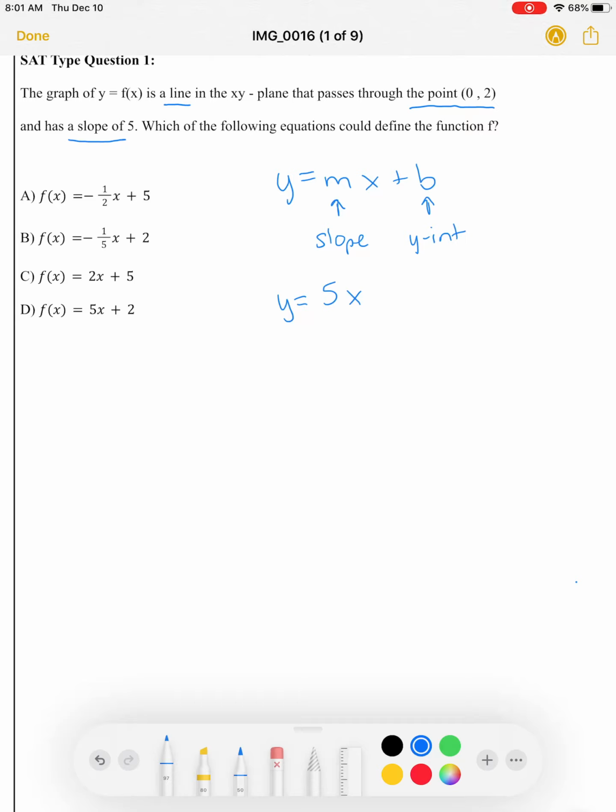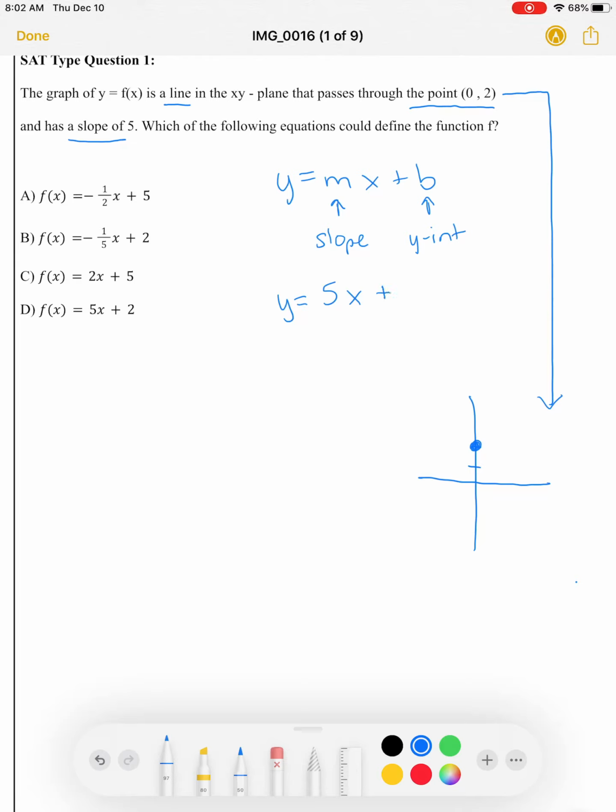Now, it doesn't tell us directly that the y-intercept is 2. However, if you take this point and you graph it in an xy plane, that point, 0, 2, would be over 0, up 2, and it would lie on the y-axis, which means this line passes the y-axis at positive 2.